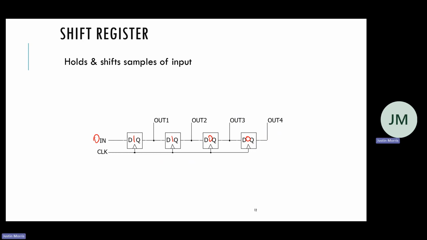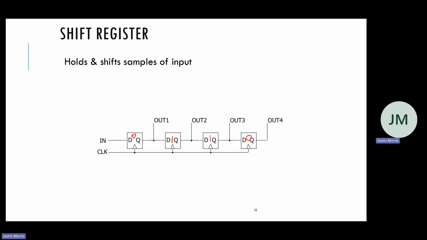So first clock cycle, the 0 goes into here, right? This one's going to go to here. This one's going to go to here. This 0 is going to go to here. This 0 is going to go out. That's getting shifted out. So let's reflect that. This becomes 0, 1, 1, 0.